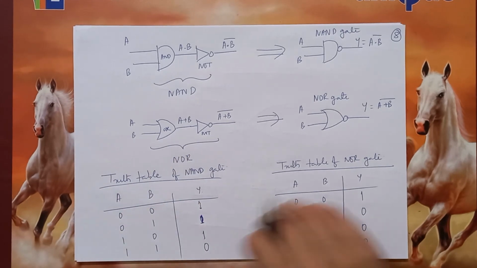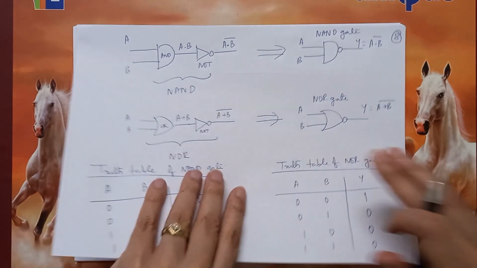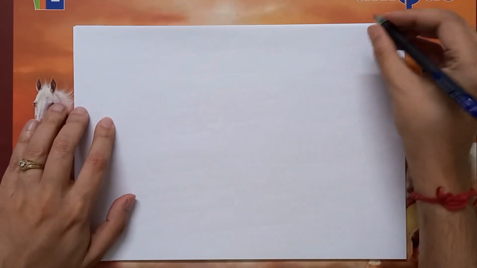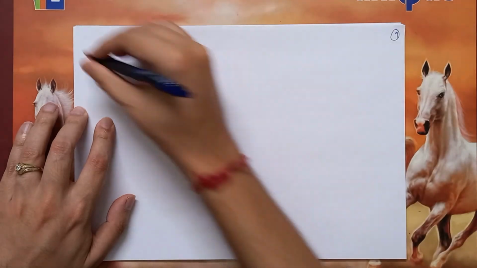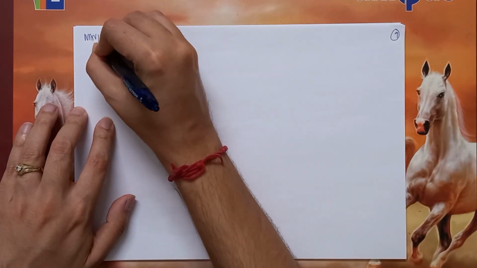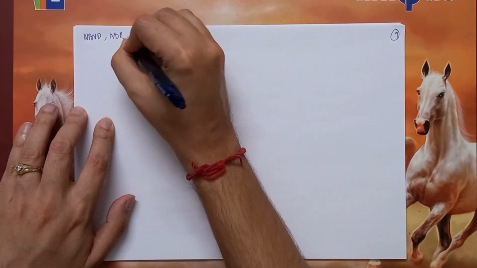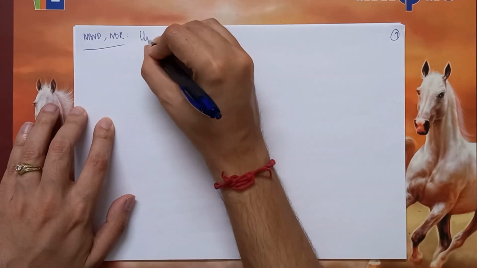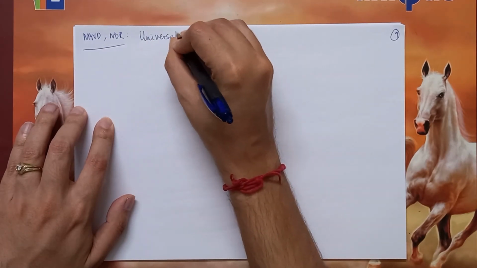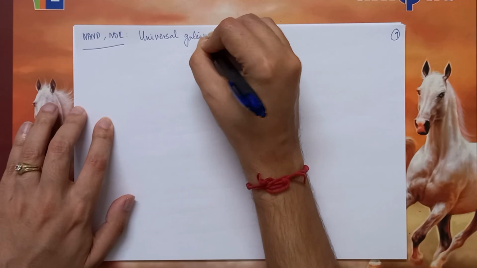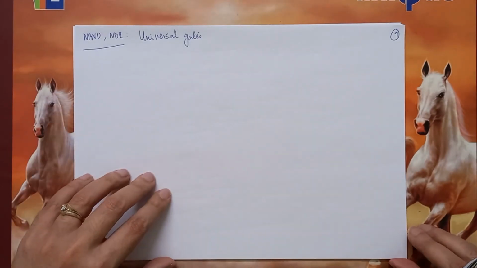NAND and NOR are called universal gates.